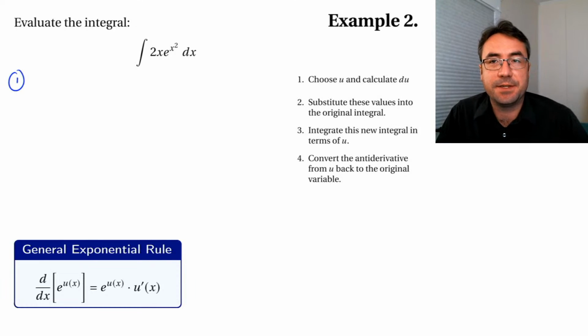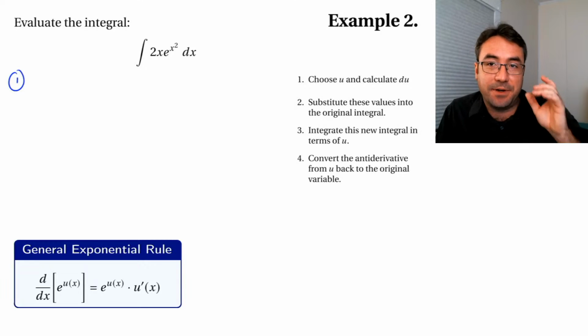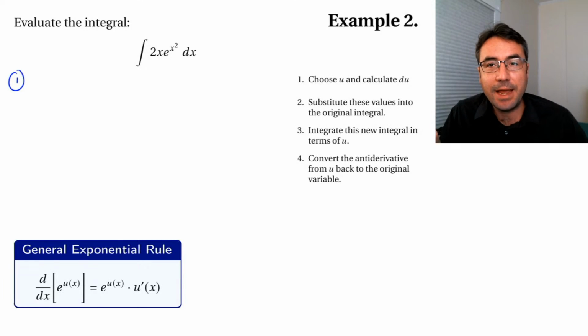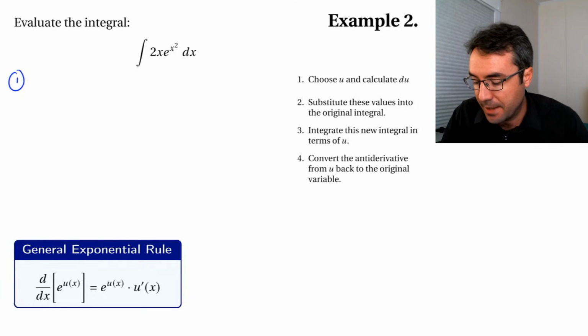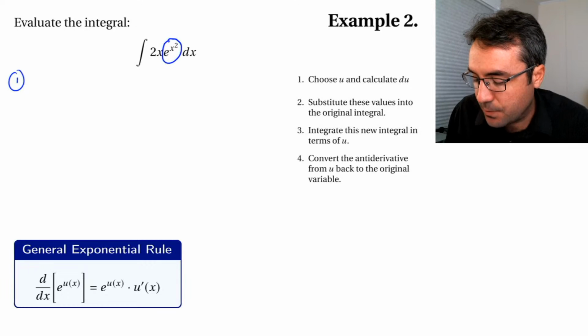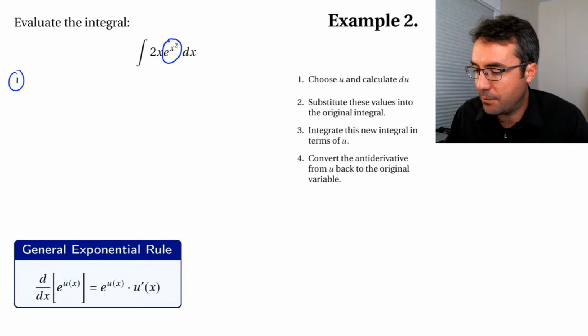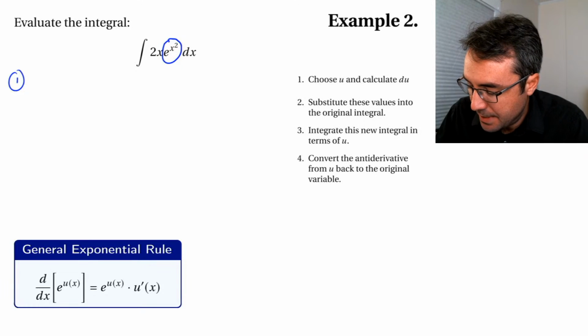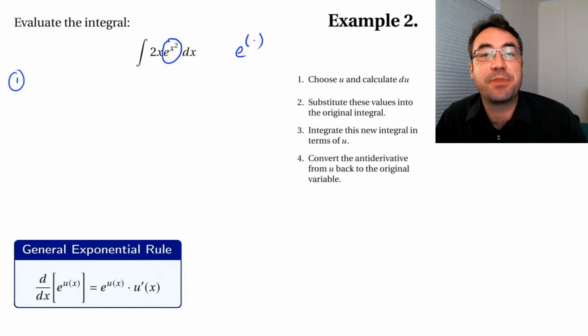So when we look at this, you want to look at the individual pieces of the function, and try to identify what the most complicated piece is. If I was looking at this, I would think e to the x squared is the more complicated piece. And what we have here is e raised to something.